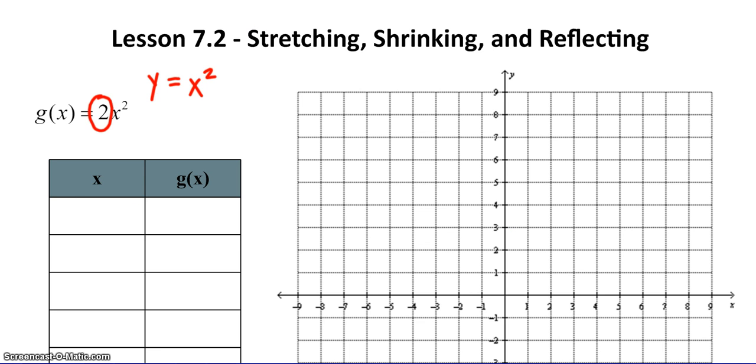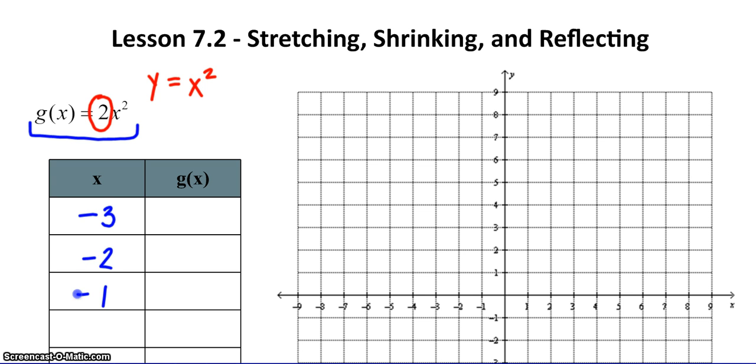So we're going to start by looking at g of x equals 2x squared, and then we'll compare that table and the outputs with our previous graph, y equals x squared.